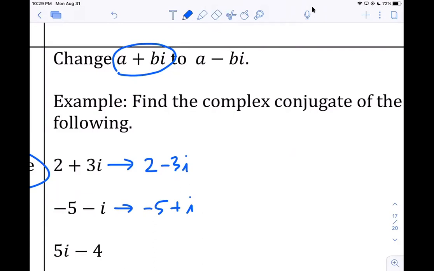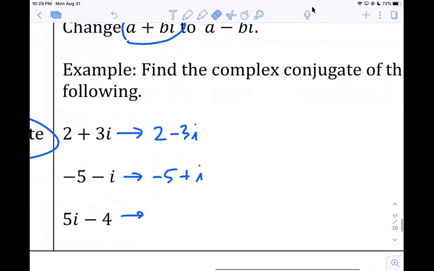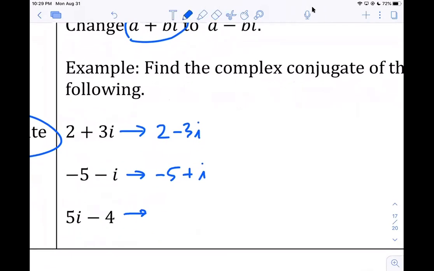What about this last one? 5i minus 4. What is the complex conjugate? Now you might say 5i plus 4. Well, in reality, it does work, but that is not quite the complex conjugate definition according to what we were talking about, because 5i minus 4 is not in the a plus bi form.